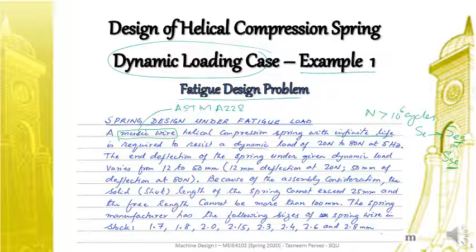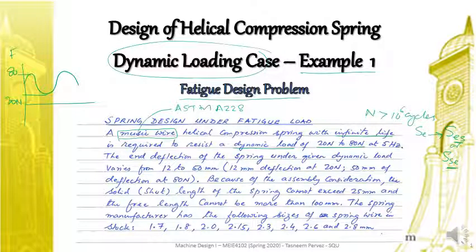There is a dynamic load which varies from 20 Newton to 80 Newton. So in other words, if I just look at my load, this is my force. So the maximum to the minimum. The maximum load is 80 and the minimum load is 20 Newton.